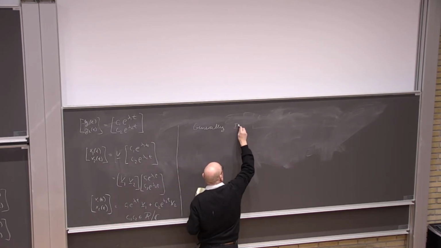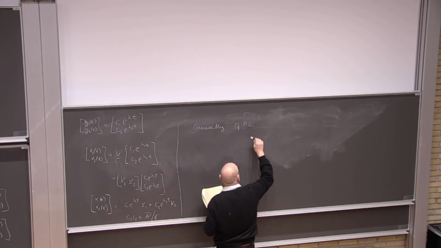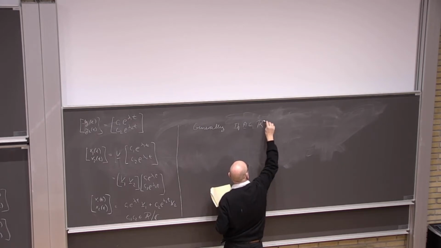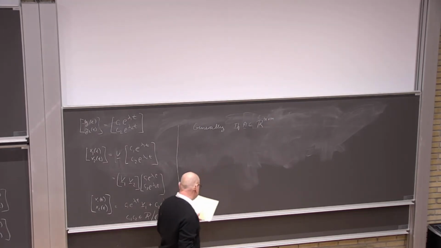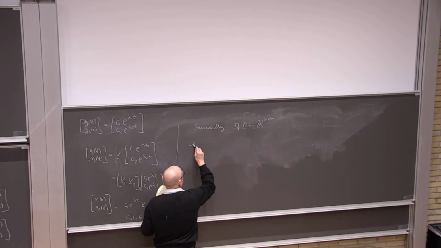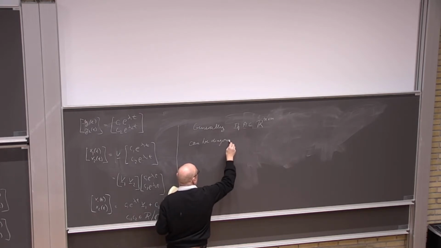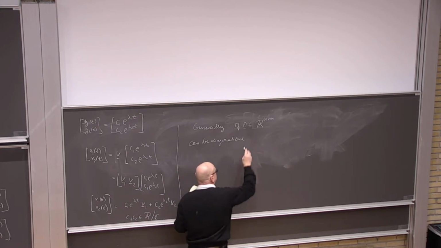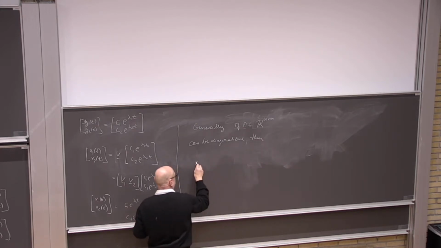So let A be a system matrix with n rows and n columns. And if this can be diagonalized, then you have that.